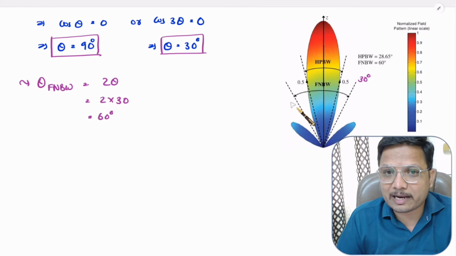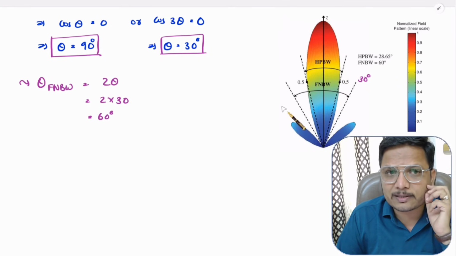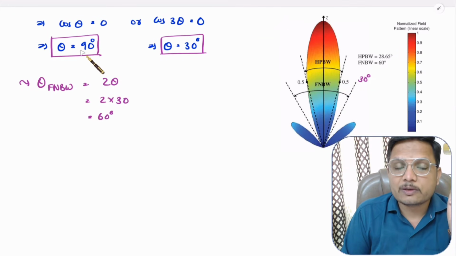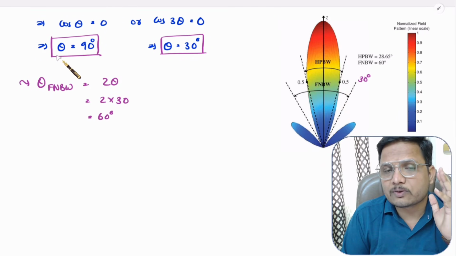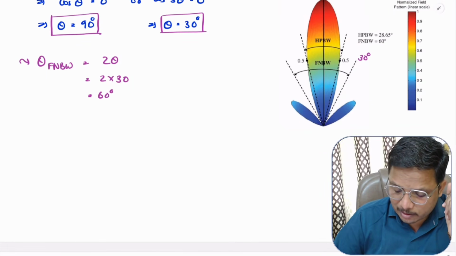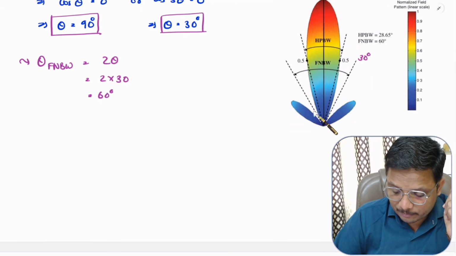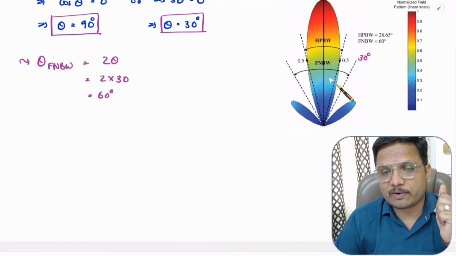You can understand that after watching this plot, though this plot will not be given to you. Sometimes students ask me why don't you multiply 90 into 2? See, 90 into 2 will be 180 degrees, and that will always give you a false answer. The reason is, with this plot, over here we have 90, over here we have 180, and that is not the first null. The first null is happening with this first major lobe. So this 30 into 2 results in the first null beam width.